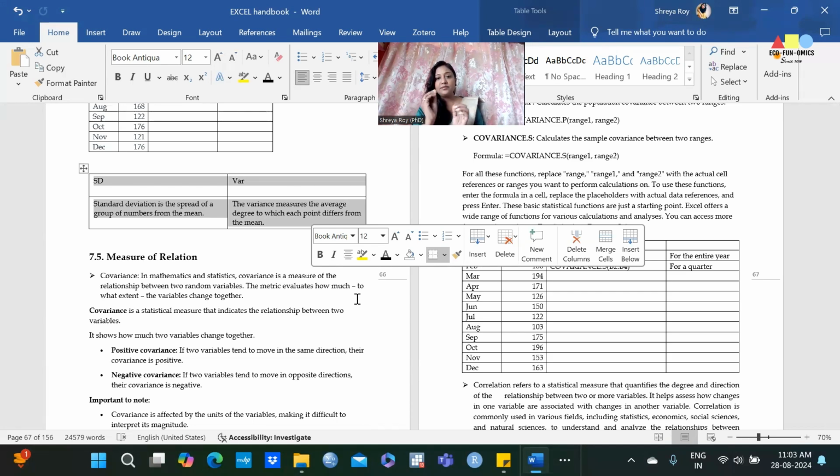For example, say this is my mean and these are the scattered points. On average, how distant are these points from the mean? Standard deviation measures the scatteredness. Variance measures the average degree of scatteredness.